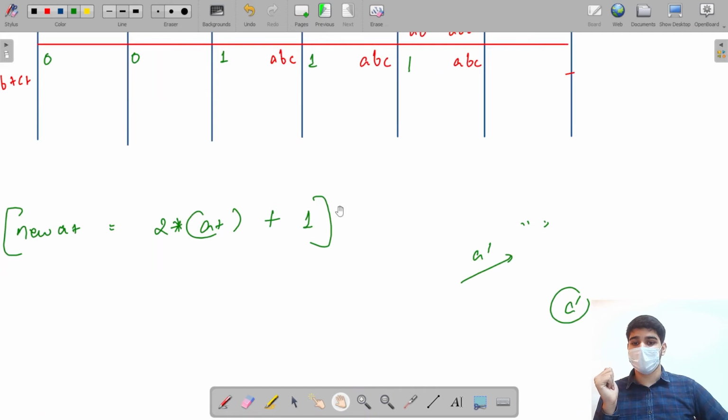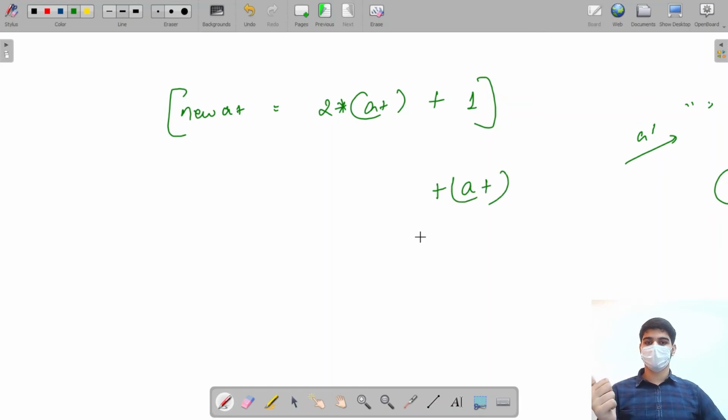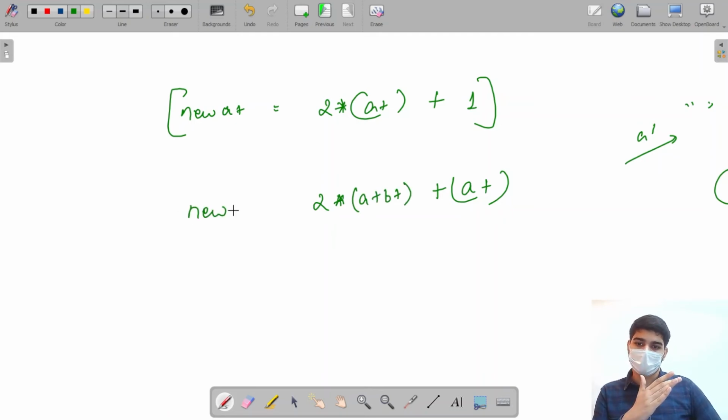And again, what we did over here is that my B dash had options. What options? Either it can come after every possible A plus subsequences, or it had a choice of either coming after the A plus B plus subsequences or not. So this would be my formula for my new B plus subsequences.